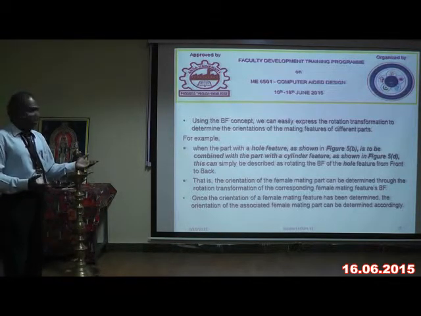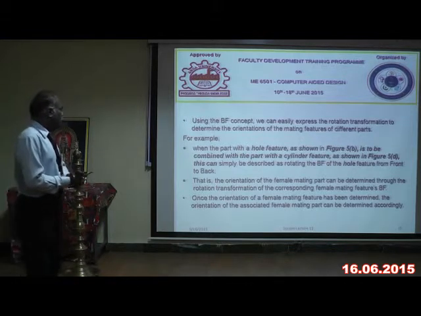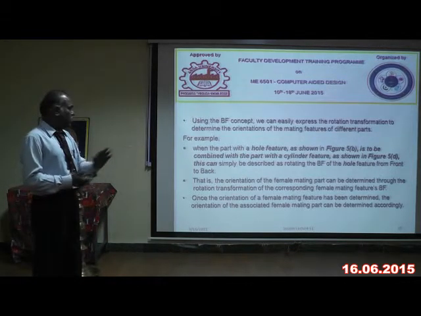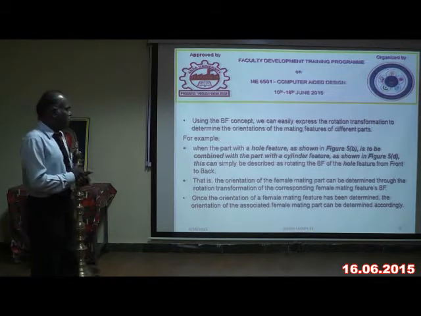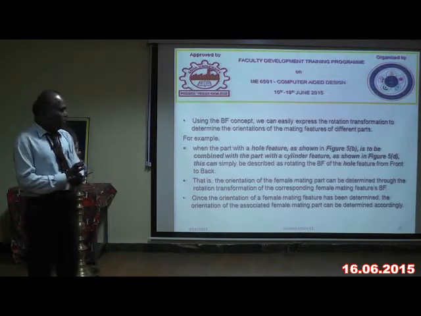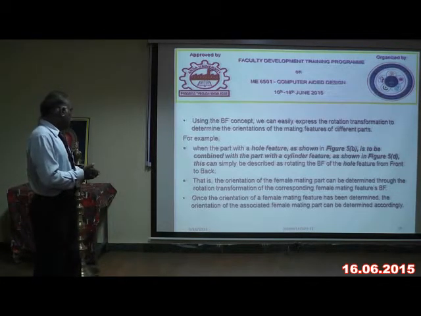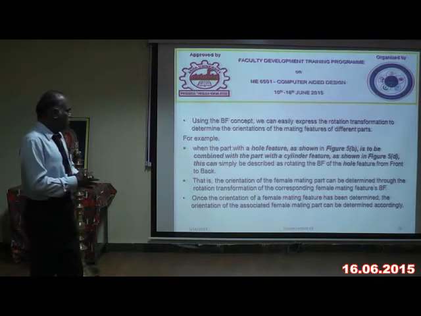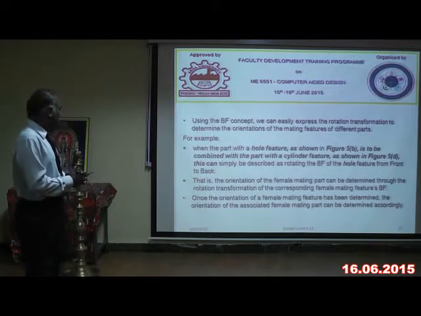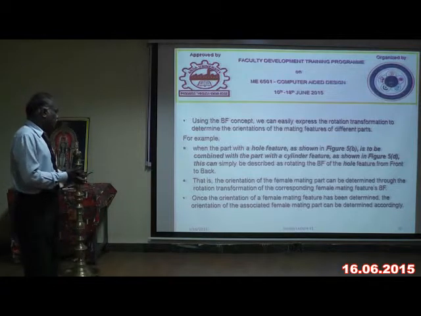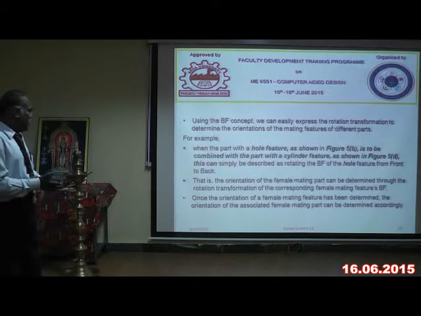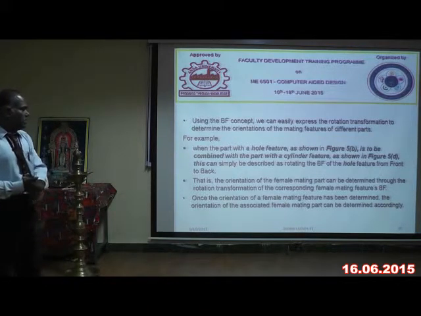For example, for this understanding, the part with the hole feature shown in figure 5b is to be combined with the part with the cylinder feature, the cylinder feature D. This can be simply displayed by rotating the boundary face of the hole feature from front to back. That is, the orientation of the female part can be determined through the rotational transformation corresponding to the female mating part's features.